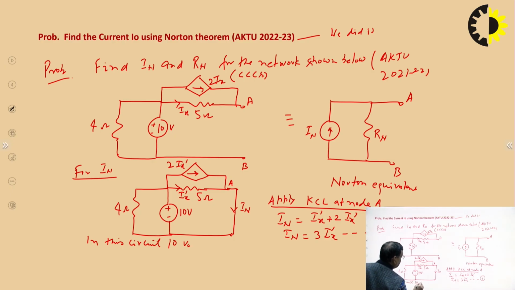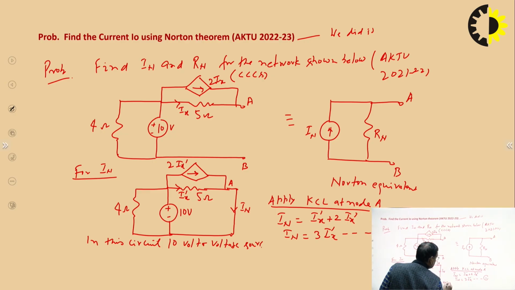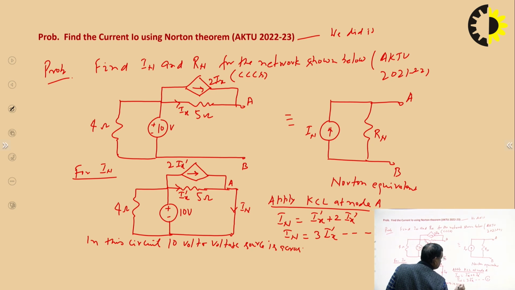The 10 volt voltage source is across the 5 ohm also, because this is plus and this is minus, and for Ix point of view, this is plus, this is minus.